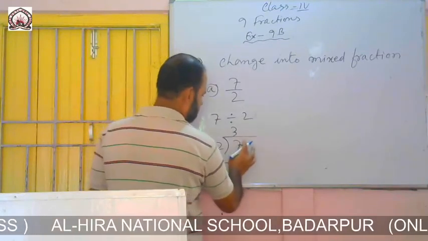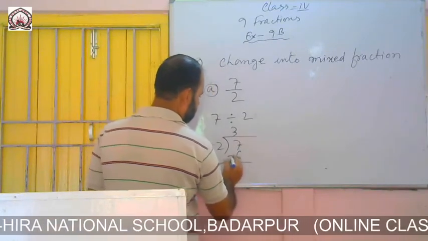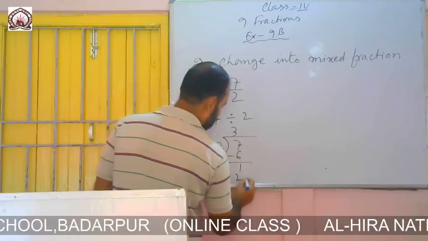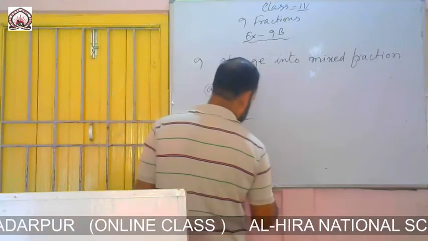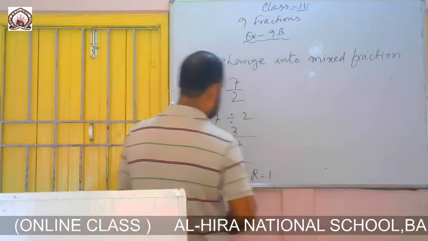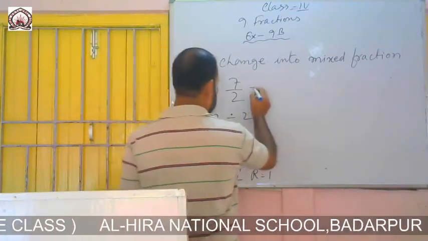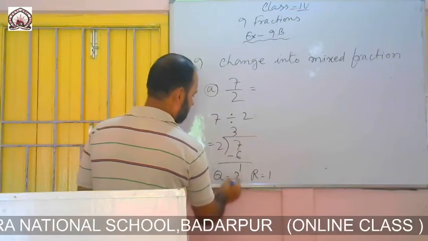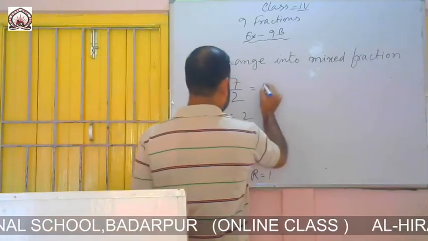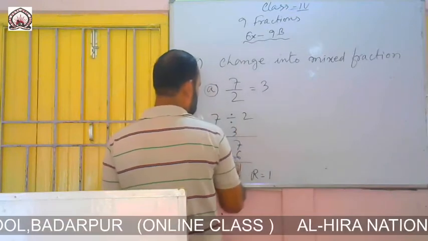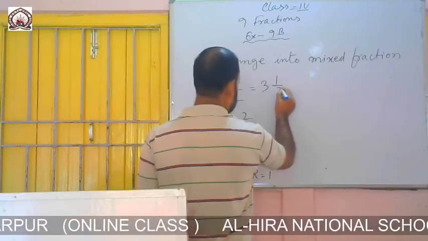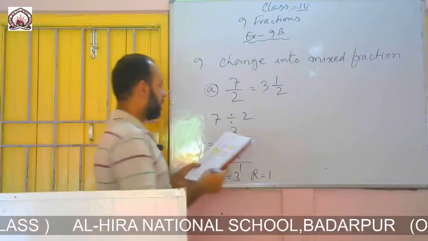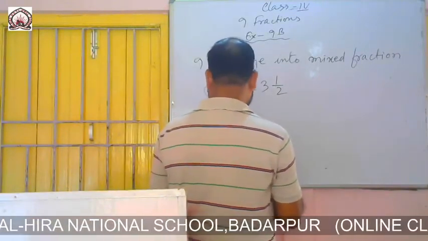So here 7 minus 6 is equal to 1. So here the quotient is equal to 3 and the remainder is equal to 1. So the mixed fraction is 3 1 by 2.